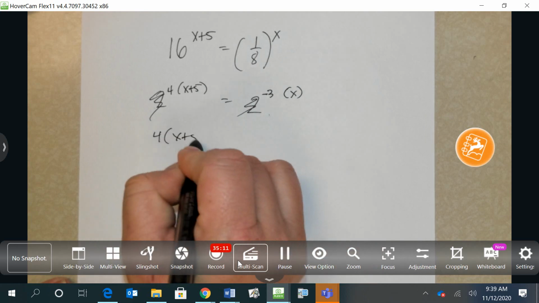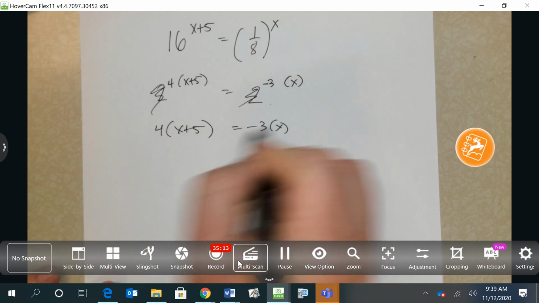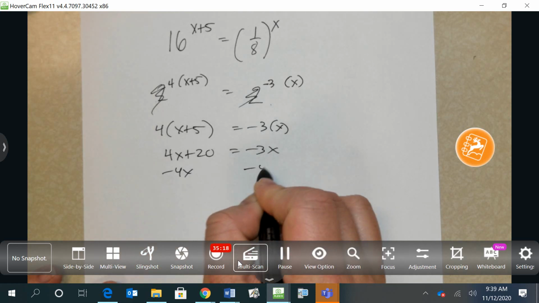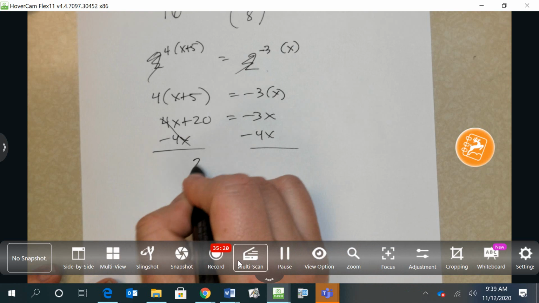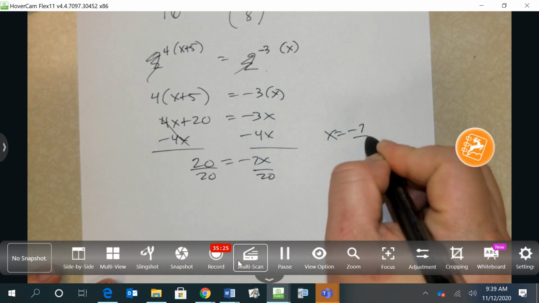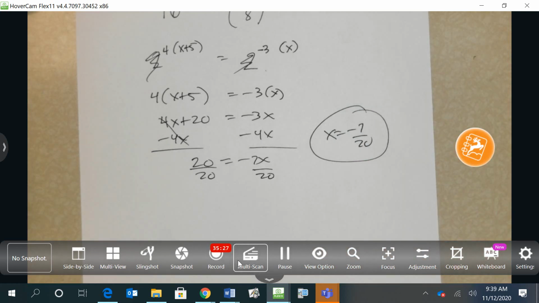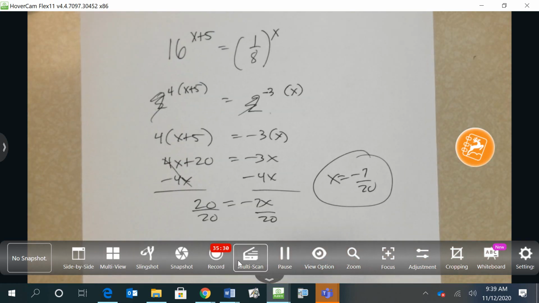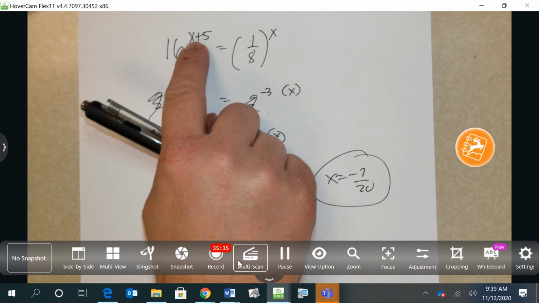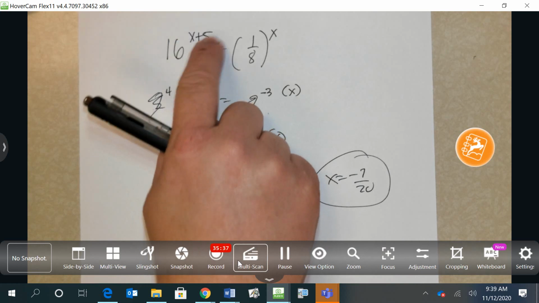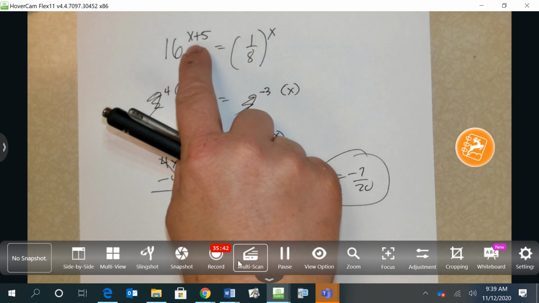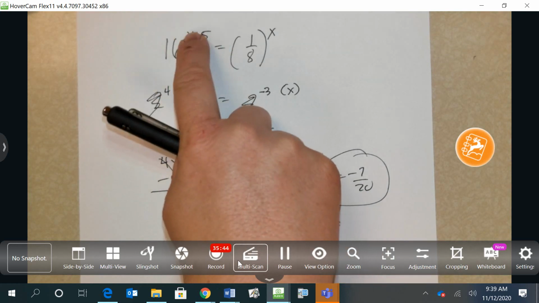And now I'm going to solve. Now, just because it's an ugly answer of -7/20 doesn't mean it's wrong. So I'm going to bring that up here. I'm not going to do that in my head. I'm going to take -7/20 plus 5, get that value, and then take 16 and raise it to that.